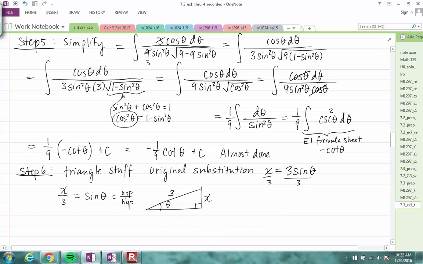Now automatically you can just go and find the missing edge, because it turns out you're going to need that always. And so use the Pythagorean theorem for that. Maybe you can do it in your head, or if not, you could label a dummy variable like z and write out the legs squared, or z squared plus x squared equals 3 squared, and then solve for that dummy variable.